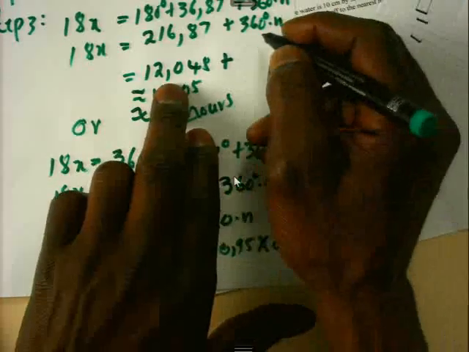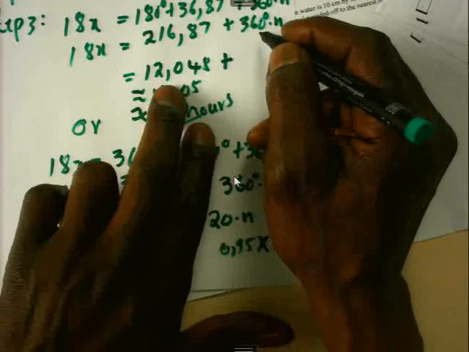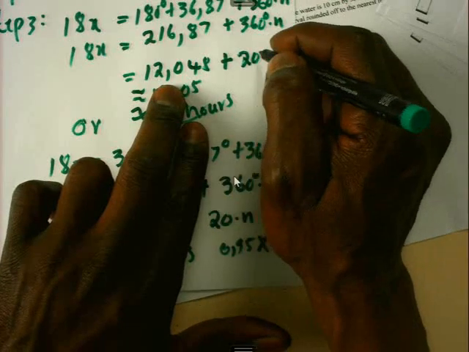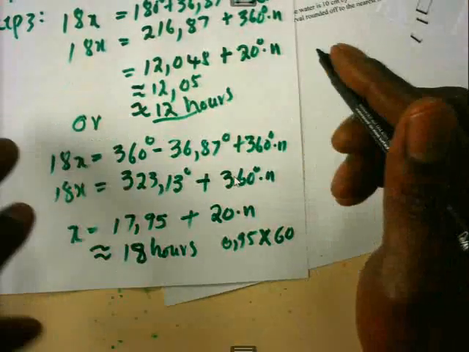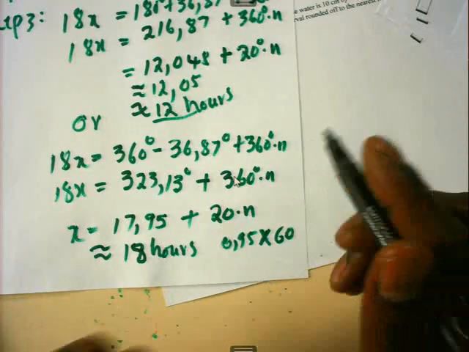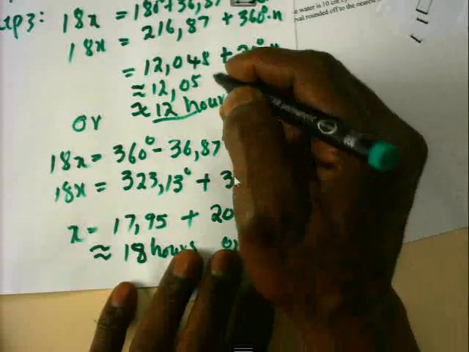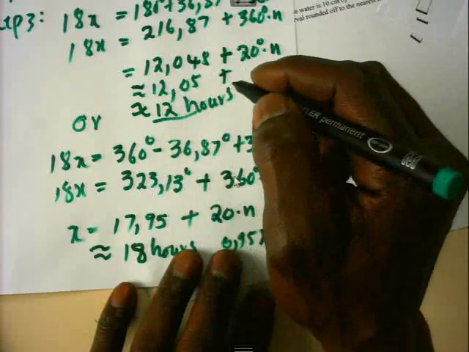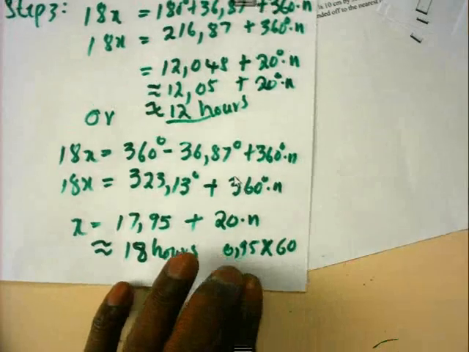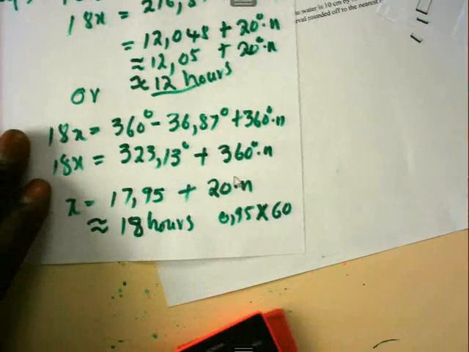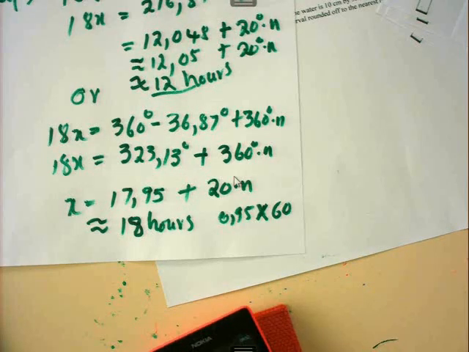We're going to divide that 360 by 18, and we're going to have 20 degrees times n. Now, you will see the importance of this, which will be 12.05 plus 20 degrees times n. You'll see the importance of this general solution here.